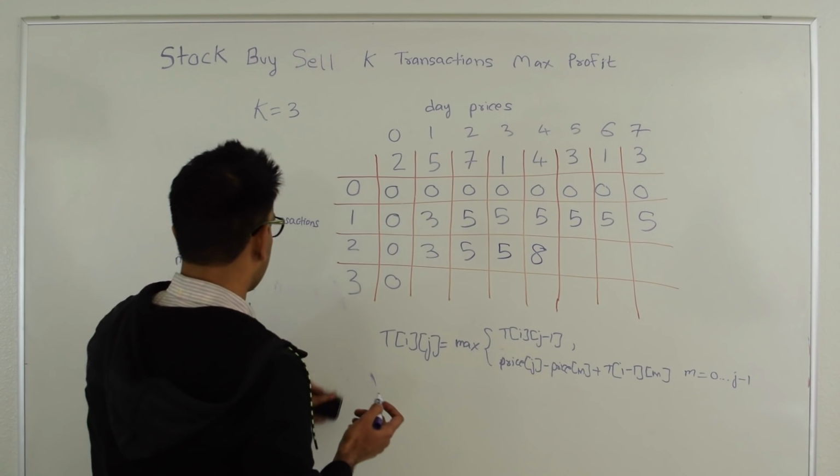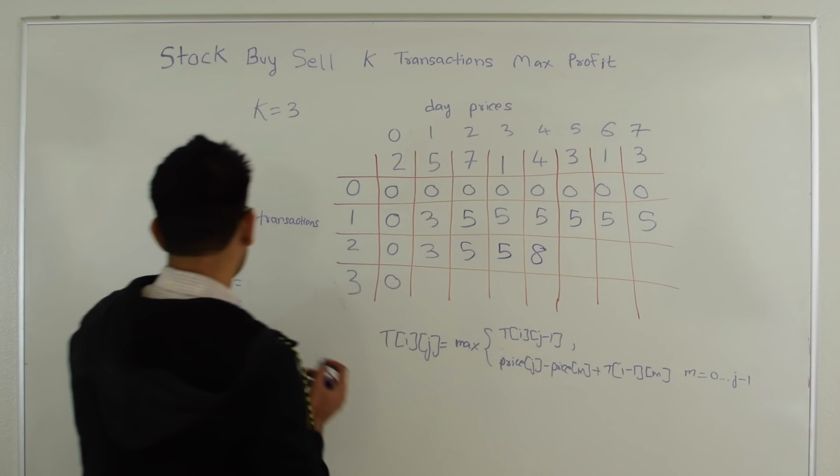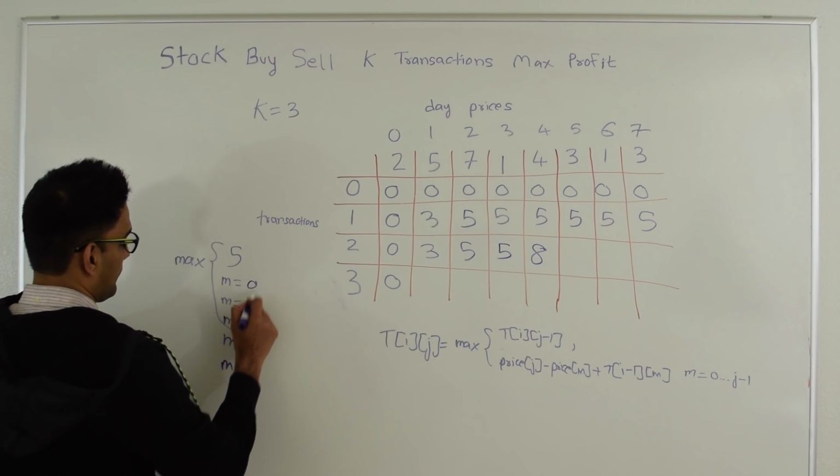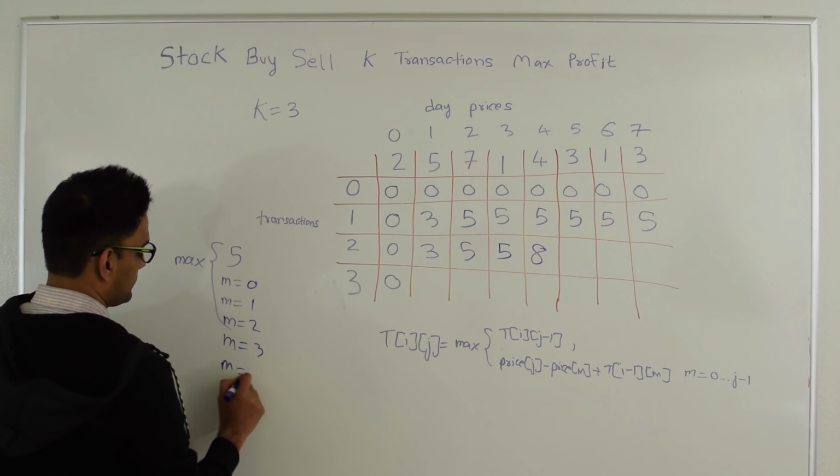So now our day becomes 5th. So our M will go from 0 to 4.